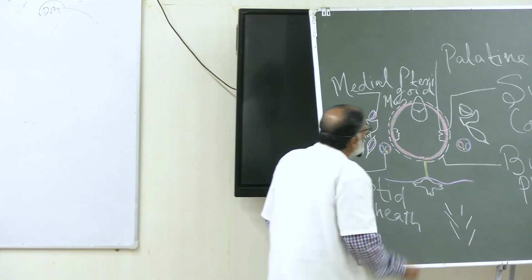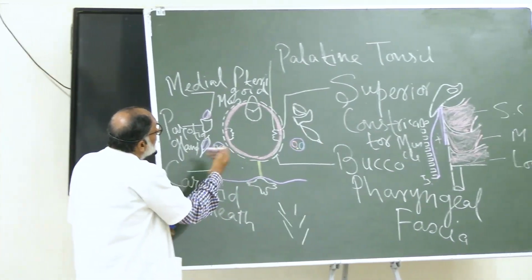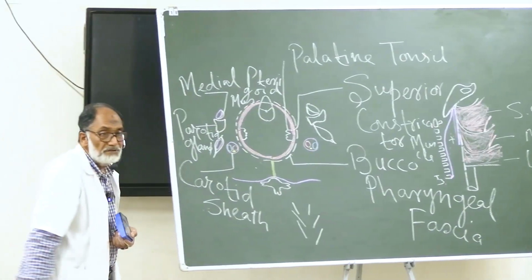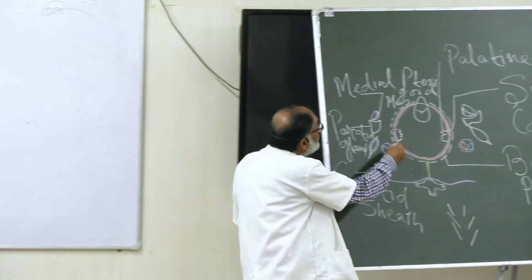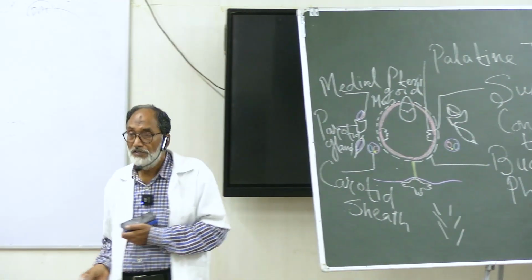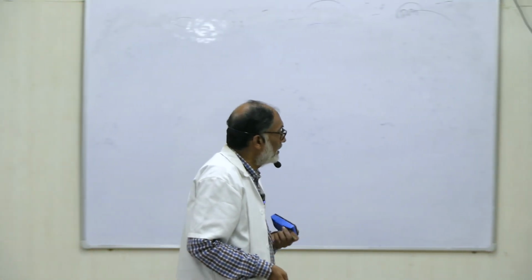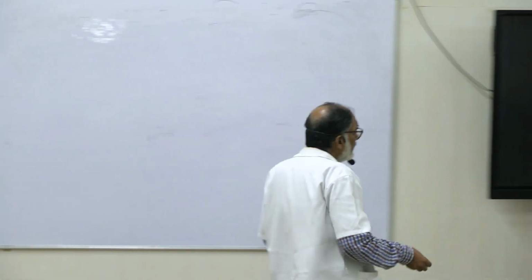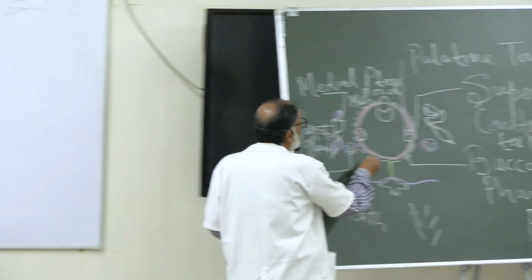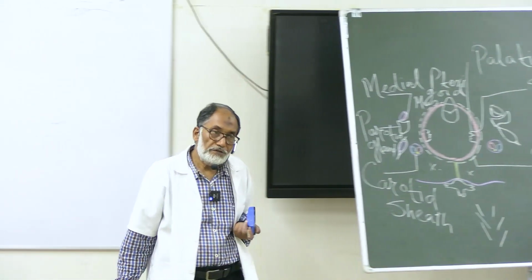Here you see, this part is the retropharyngeal space. Laterally lies this part, known as the carotid sheath. So laterally it is formed by the carotid sheath. So this space is the retropharyngeal space.